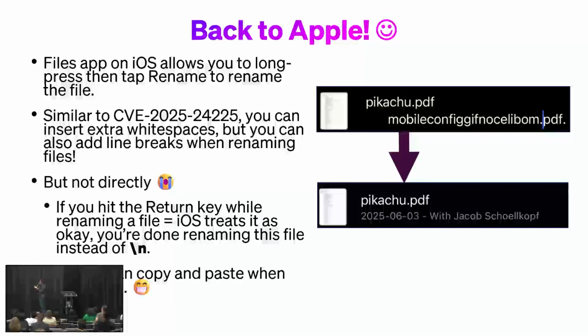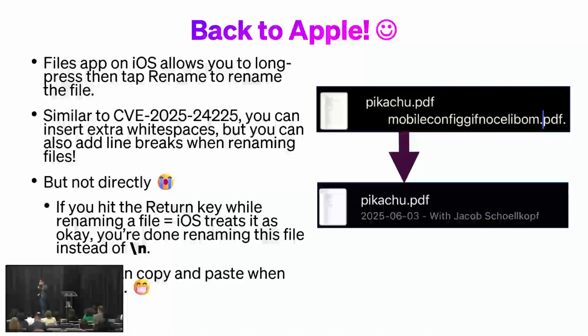Okay, and then when I was testing this in the Files app, another thing I observed is that you can actually add line breaks to the file names when you're renaming them. But it's not super straightforward to do, because if you tap the return key when you're trying to rename it, it will just treat it as save the new file name.